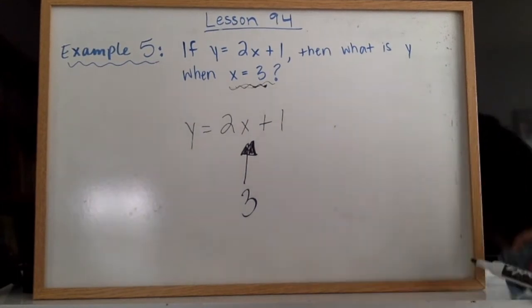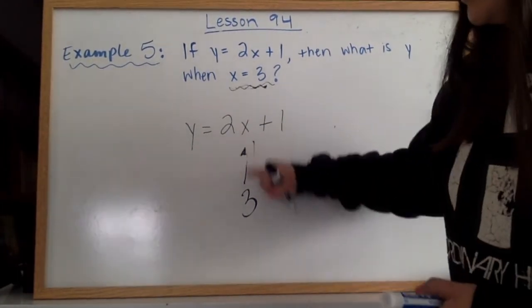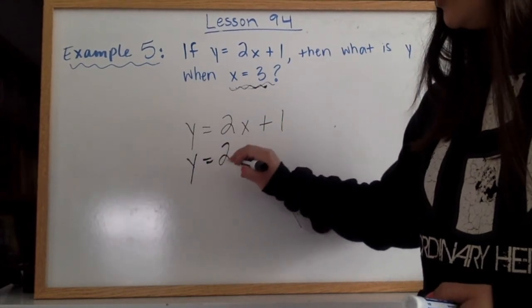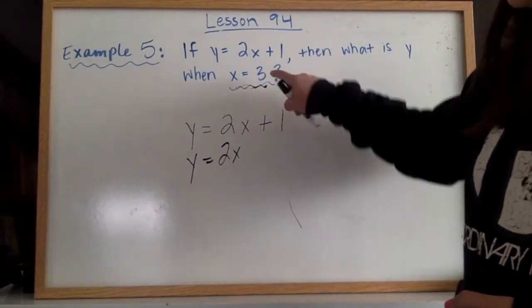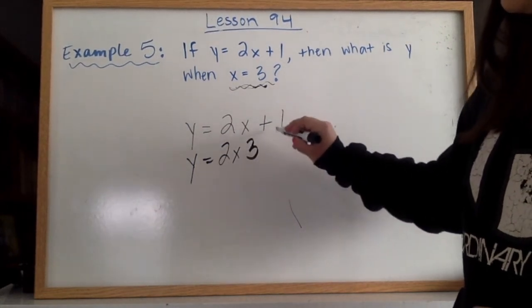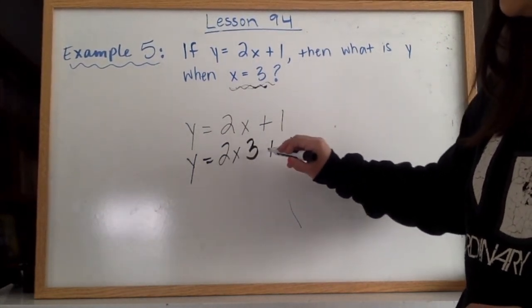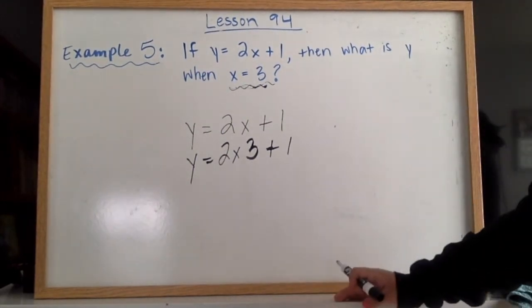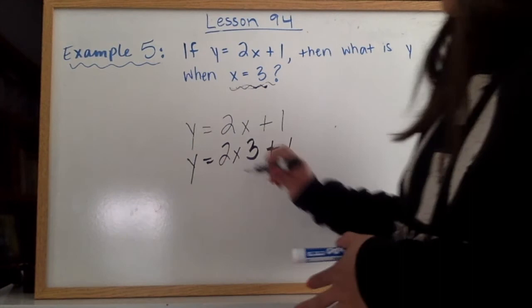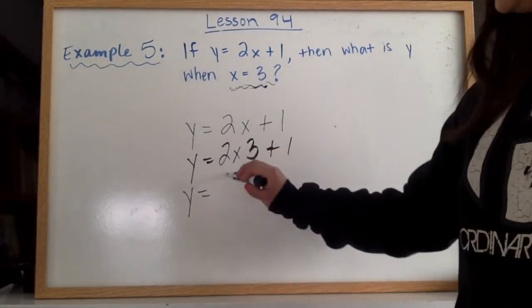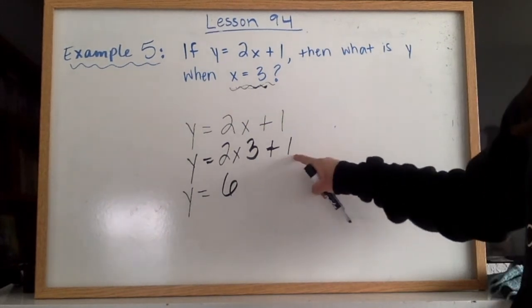So that means that when we rewrite this, we're saying that y is equal to 2 times x, which is 3. Then we can add 1. We know that we need to multiply before we add, okay? 2 times 3 is 6. I still have to add 1.